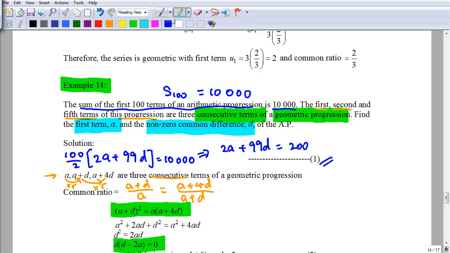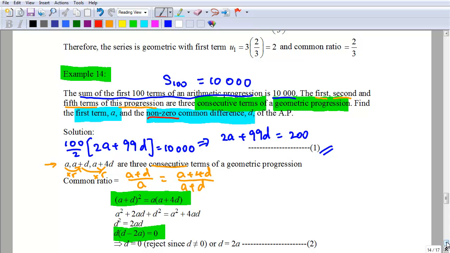So the key here is non-zero common difference. Now, that being said, we know that d cannot be 0. Therefore, our first answer, d equals 0, has to be rejected. That leaves us with only d equals 2a as the second equation.